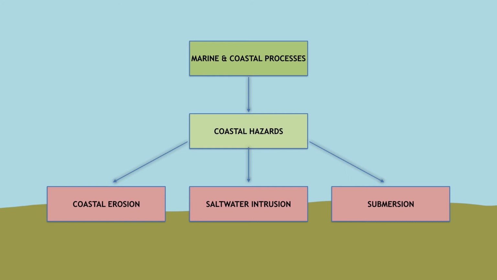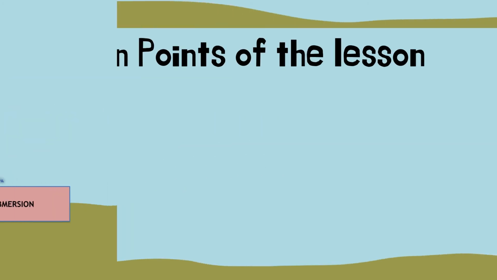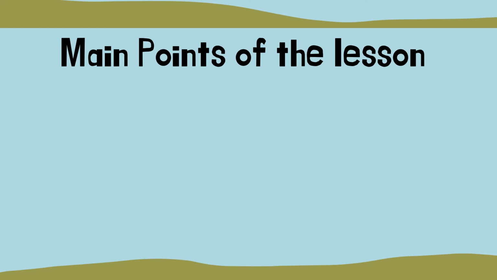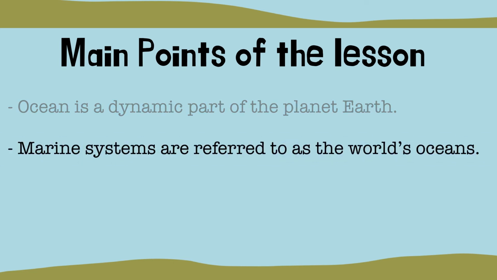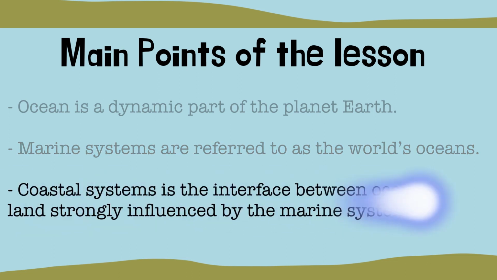Very good. Now let us summarize the main points of the lesson. First, the ocean is a dynamic part of the planet Earth. Another, marine systems are referred to as the world's oceans. Coastal systems is the interface between oceans and land strongly influenced by the marine system.